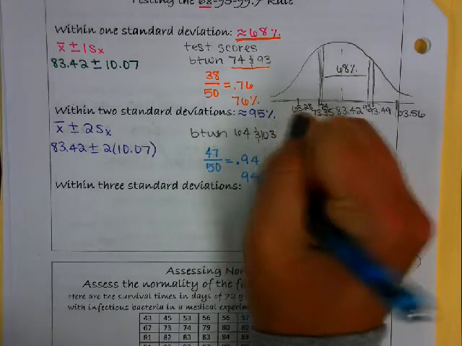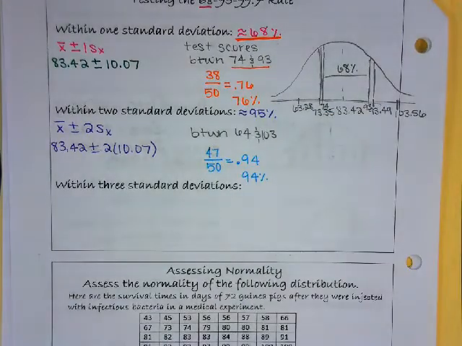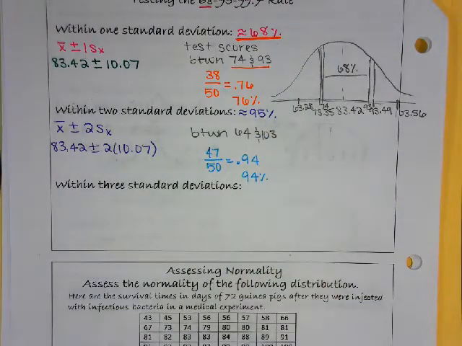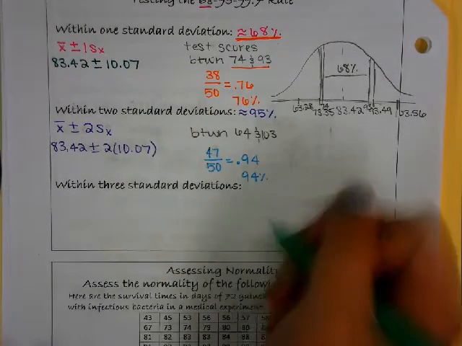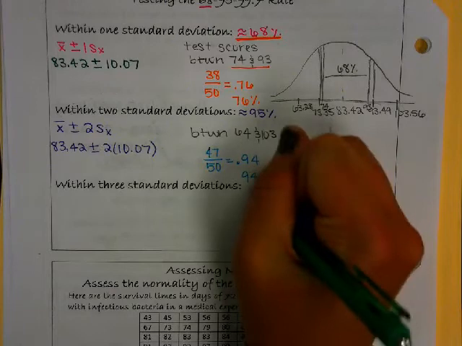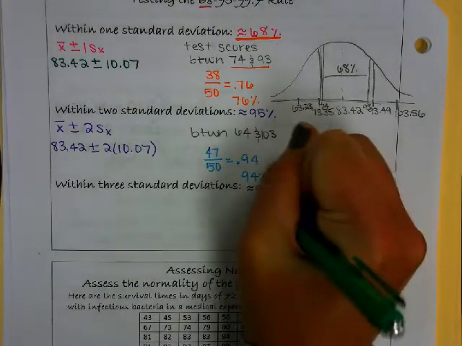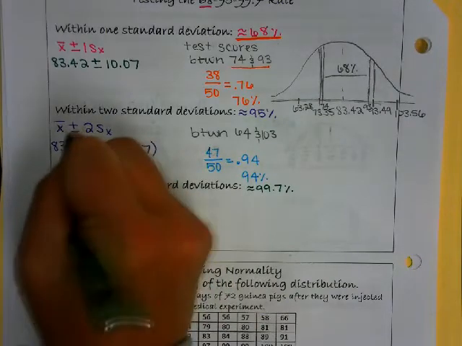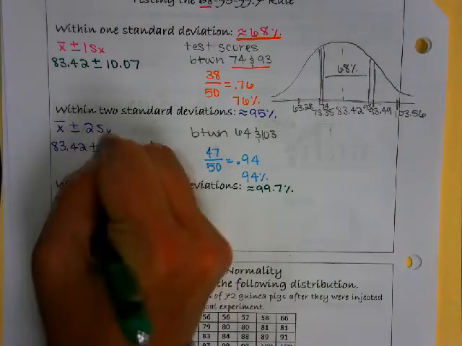And then we're going to do our last one, which would be 3 standard deviations, and that's supposed to be about 99.7%. Average plus or minus 3 standard deviations would be 83.42 plus or minus 3 times that 10.07.